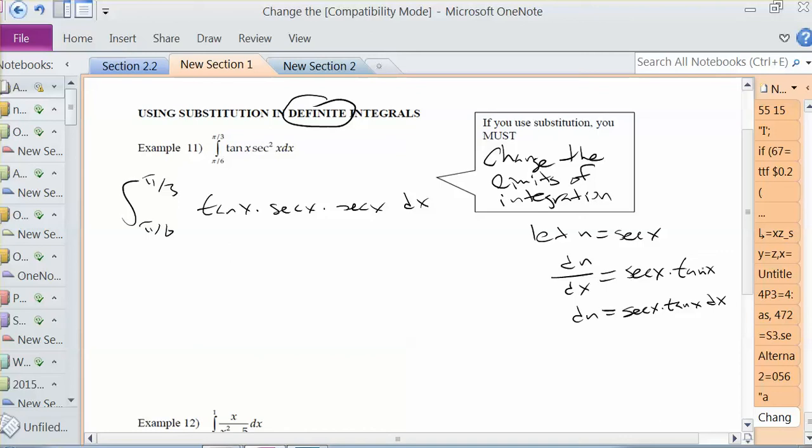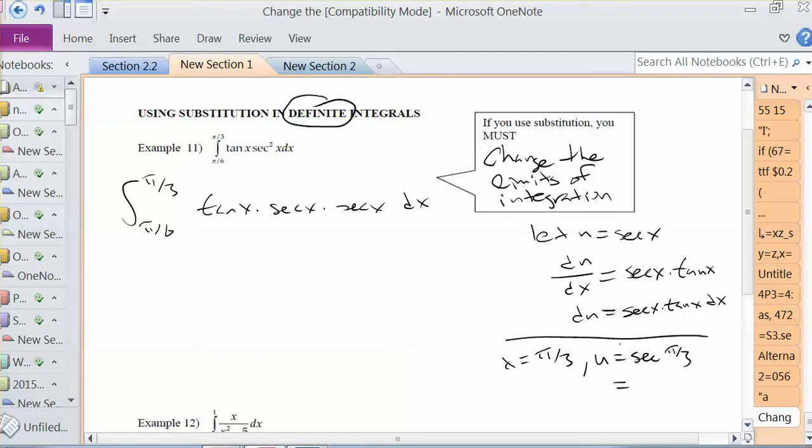Now, before I make the substitution, another thing we need to keep in mind is that our limits of integration must change as well. Because right now, we're assuming that we're integrating with respect to x. So, if x equals pi over 3, then u is going to equal the secant of pi over 3.